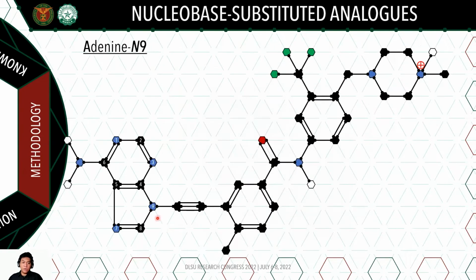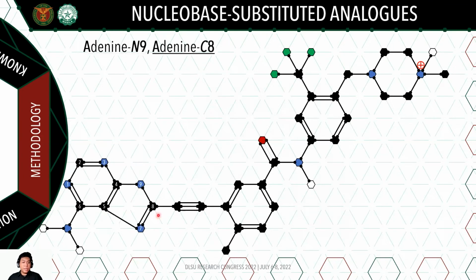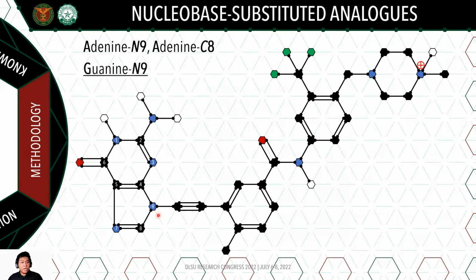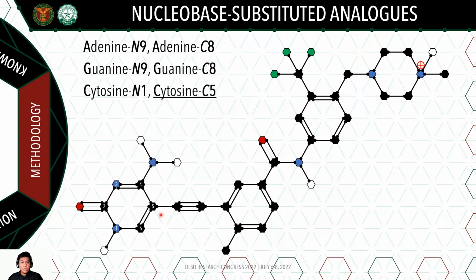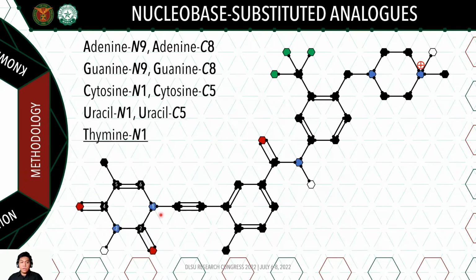These are our nucleobase-substituted analogues: AN9, AC8, GN9, GC8, CN1, CC5, UN1, UC5, and TN1. All the 9 analogues only differ at this position. The rest of the molecule is the same.